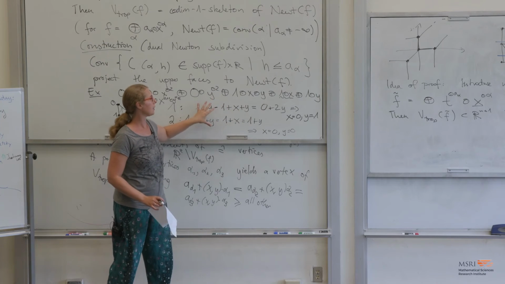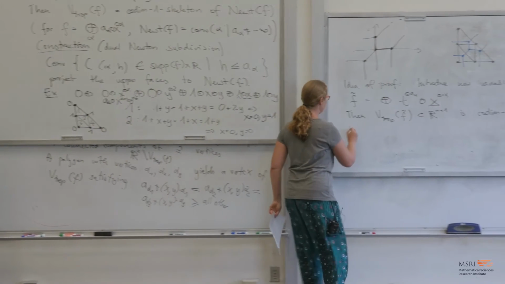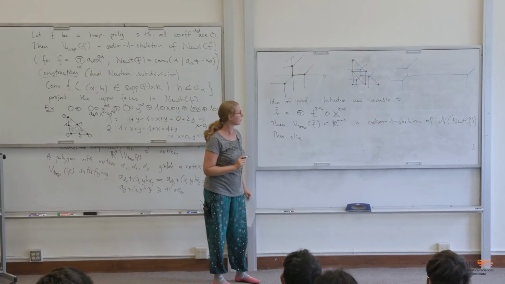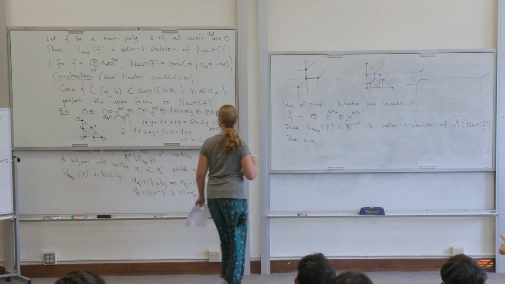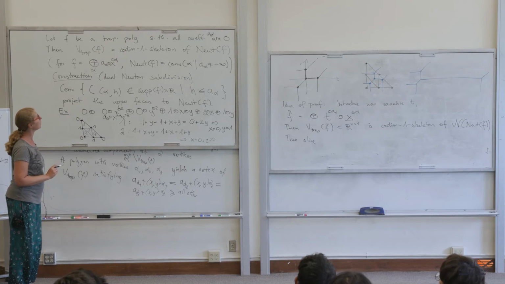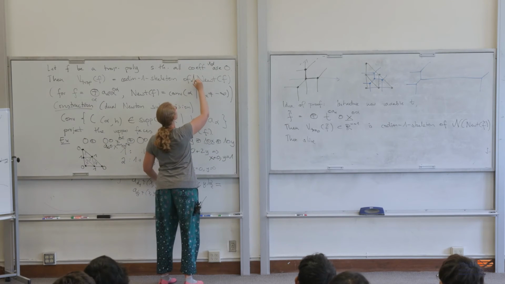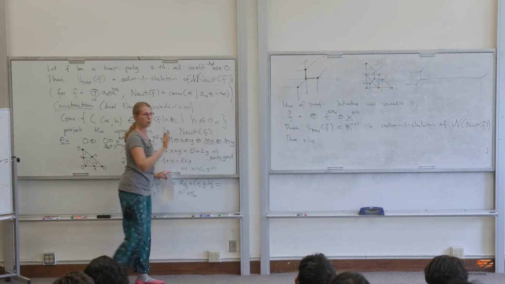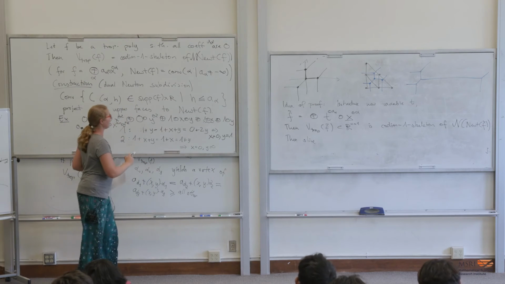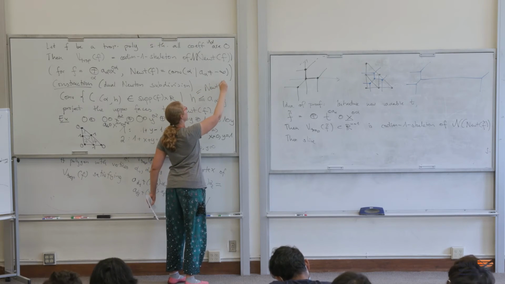And this will precisely give us the corner locus of this tropical hypersurface defined by F. So V trop of f tilde is the codimension 1 skeleton of the normal fan of the Newton polytope. Codimension 1 skeleton of the Newton polytope doesn't really make sense. Sorry. Thank you. That was a mistake. Yeah, that's right. And this is the Newton polytope of F tilde, what we have here.